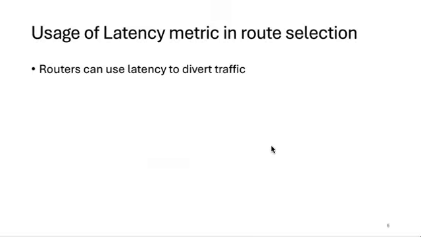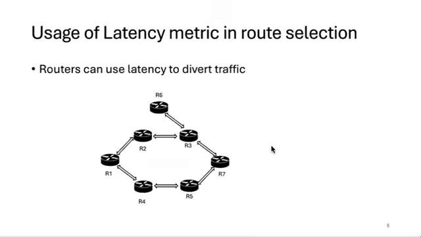In the case of routers, if there is a multipath available to a destination, in this example, to reach R7 from R1, there are two paths available, one through R2 and R3, and the other through R4 and R5. Based on the latency incurred on the packets forwarded over each path, router R1 can infer the bottleneck on the upstream routers.